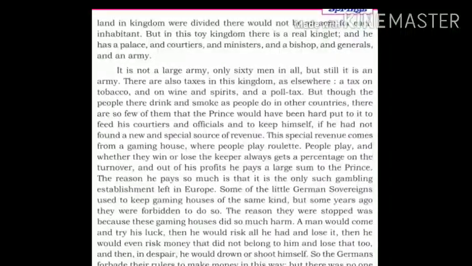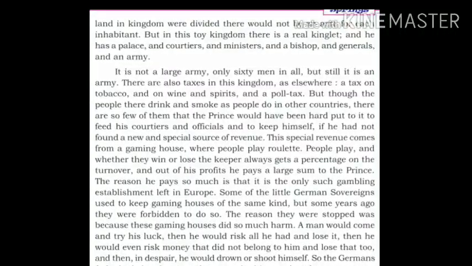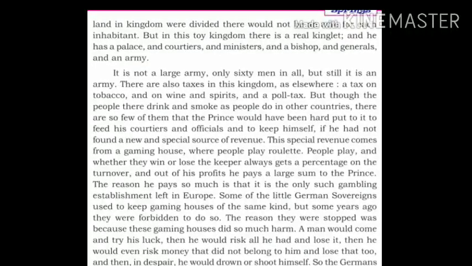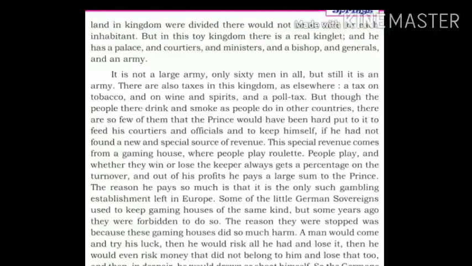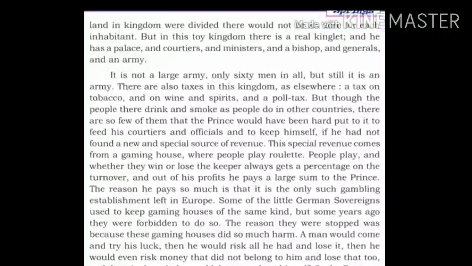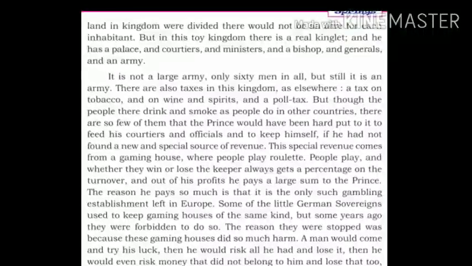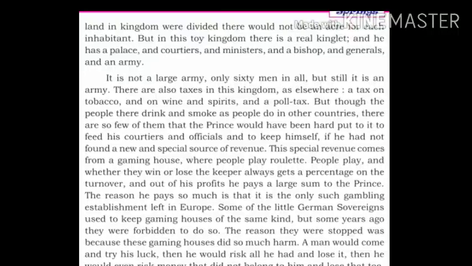What are those taxes? A tax on tobacco and on wine and spirits, and poll tax. You should make an underline. What are the taxes collected in that kingdom? Those are tobacco, wine and spirits, and poll tax.